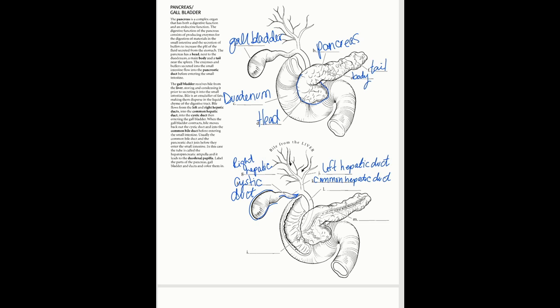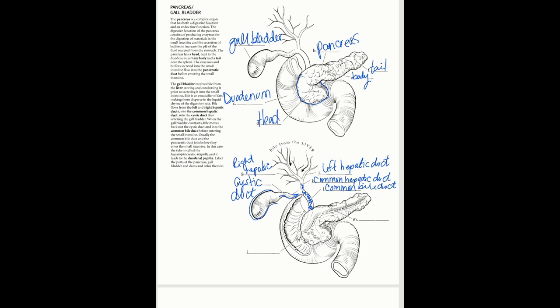Once we have that hepatic duct and the cystic duct meet and fuse together, we then have what we refer to as the common bile duct. And again, if somebody doesn't have their gallbladder and this cystic duct has been closed off, that just means that we no longer have the gallbladder to store bile, and the bile storage will need to take place here in this common bile duct.